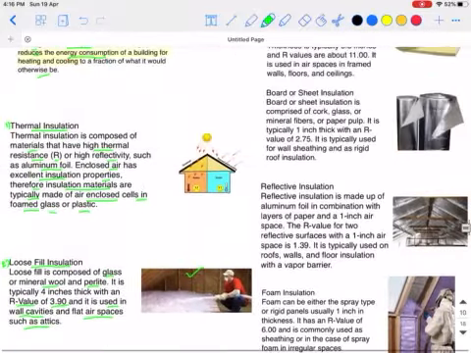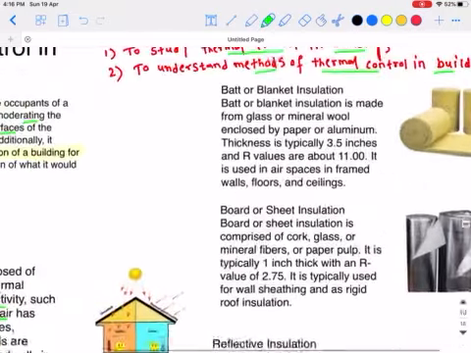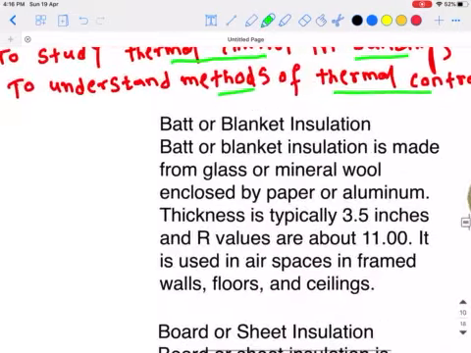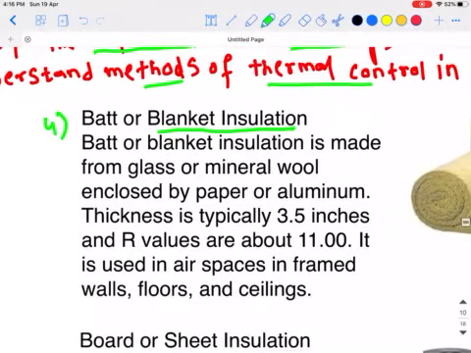Next important method of thermal control in building is bat or blanket insulation. Bat or blanket insulation is made from glass or mineral wool enclosed by paper or aluminum.